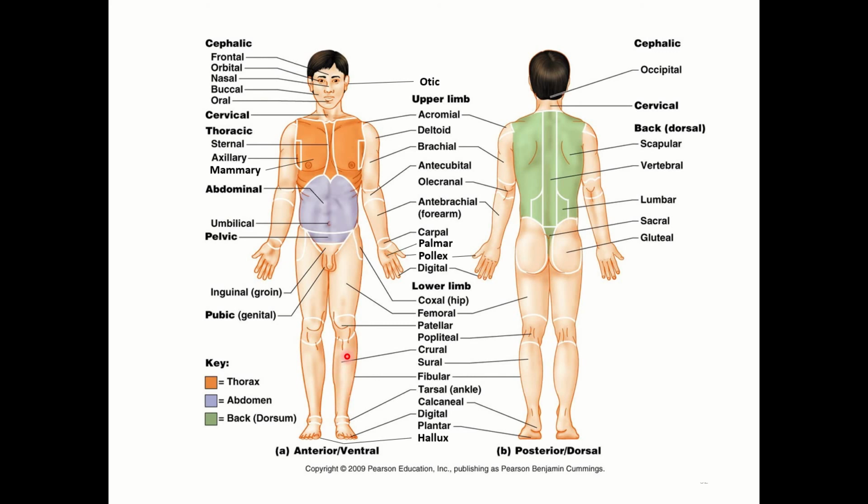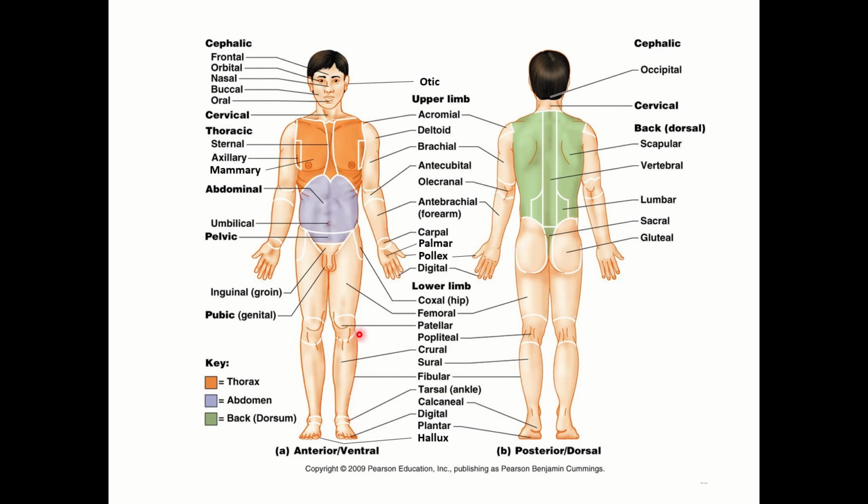The anterior lower leg is called the crural region. It corresponds to your shin. The anterior or posterior lower leg is the sural, and it corresponds to your calf. So crural is shin, sural is calf.